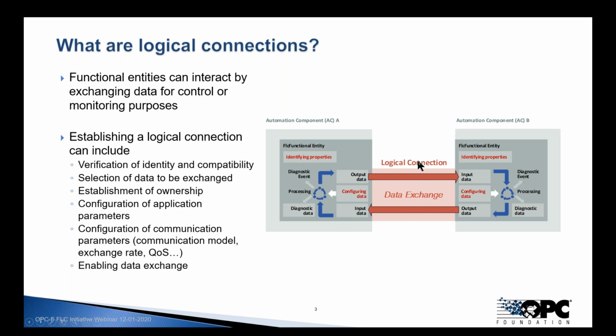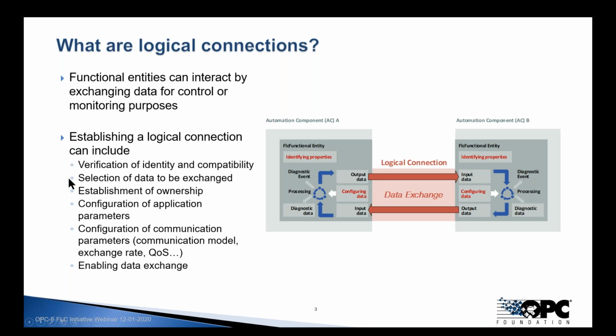What we also do is set up the data exchange itself. So we set up the communication model, which I will explain two slides further on. We set up, for example, the exchange rate, be it microseconds or seconds. We also set up the quality of service to use, be it best effort or up to deadline, which is provided, for example, by TSN.